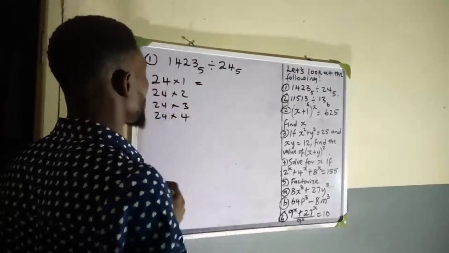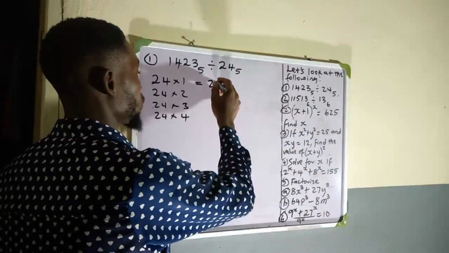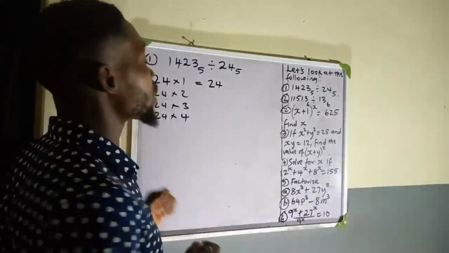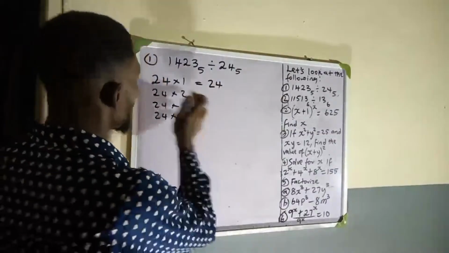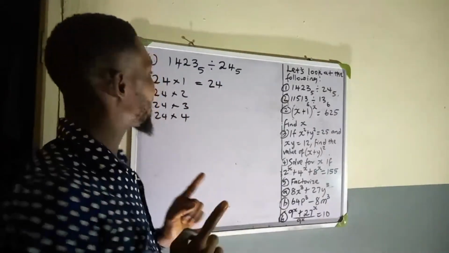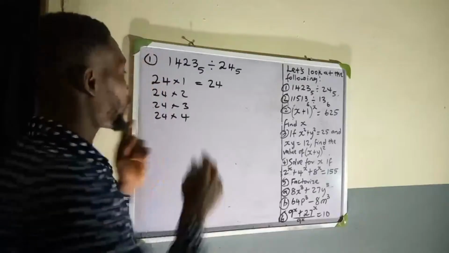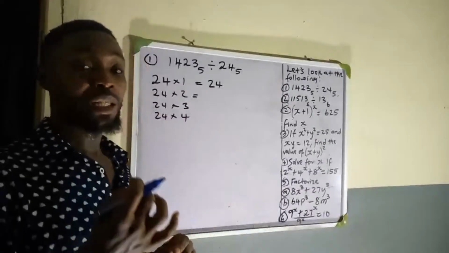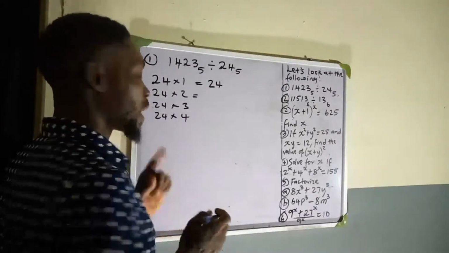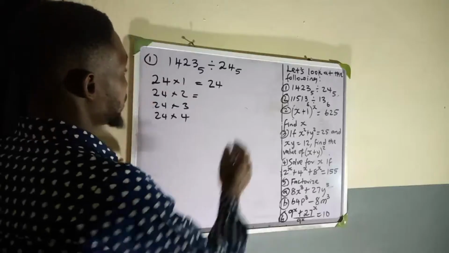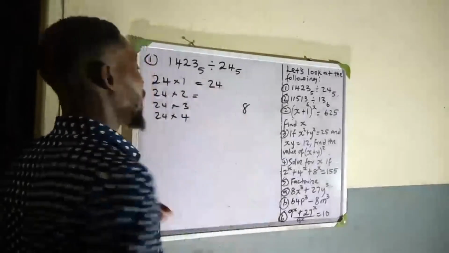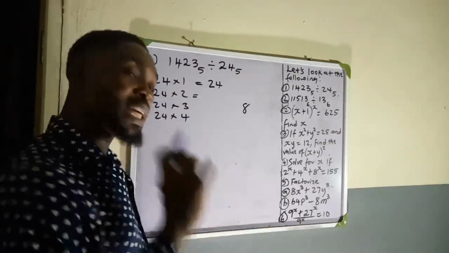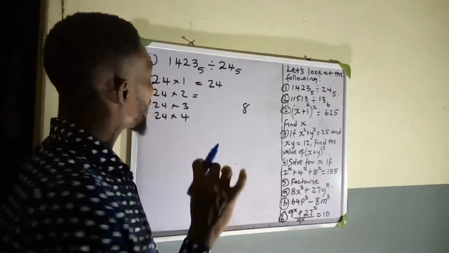24 times 1, any number times 1 is the same. 24 times 2, remember we are doing this multiplication in base 5. So 2 times 4 is 8, and 8 in base 5 is 1, 3. Like I said, you should be familiar with this, but in case you are not, 8 is not a number in base 5, since the highest digit is 4.